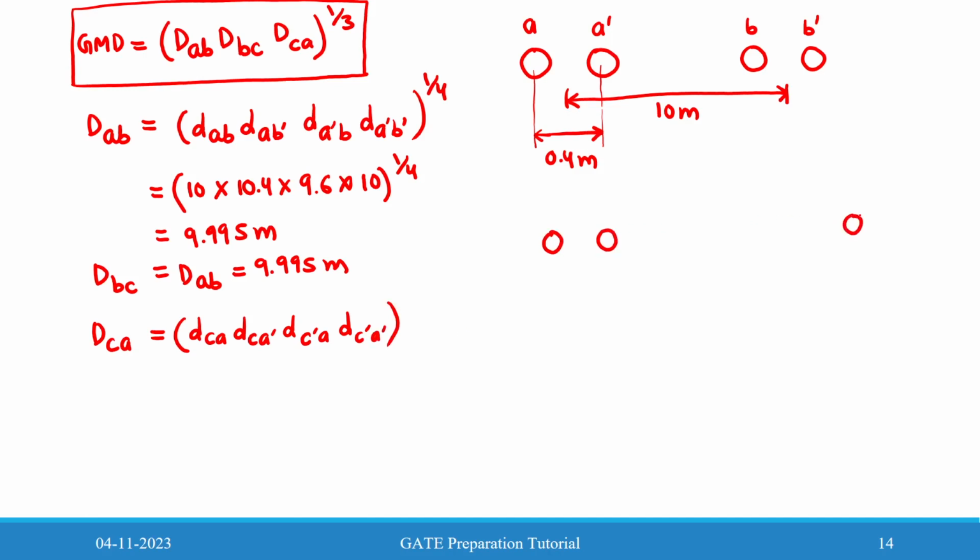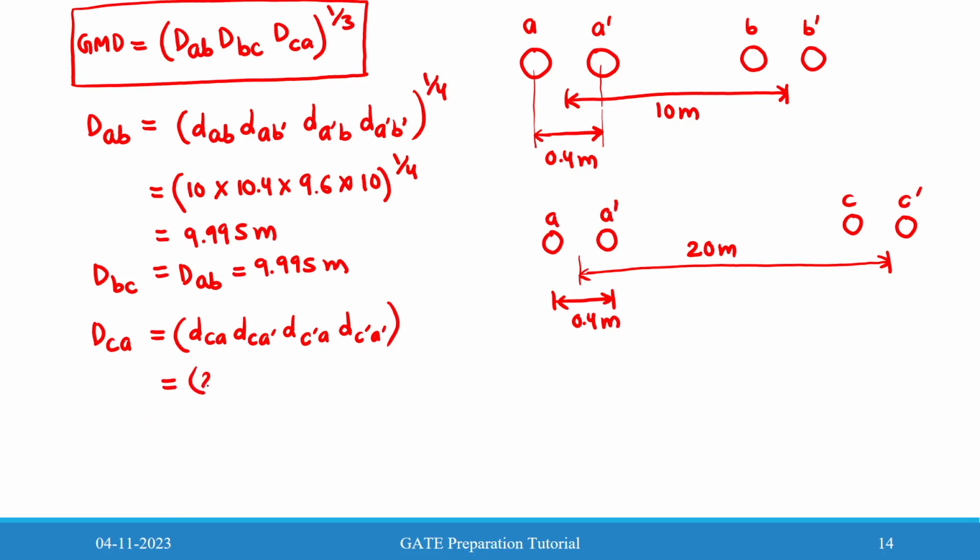It is a little bit far, like 20 meter, and this distance is again 0.4 meter, and this is A dash, C dash. So DCA will be 20 meter only.